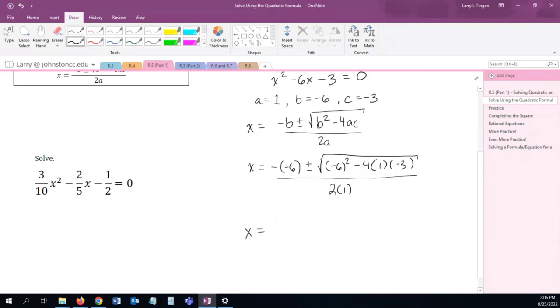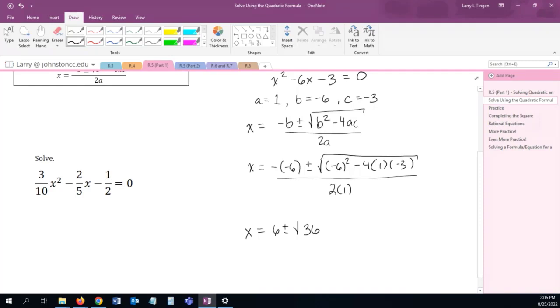All right, let's keep going. The opposite of -6 is 6, plus or minus the square root of whatever you get here. This is b squared. Whatever the number is for b, positive or negative, the square is always going to result in a positive number, right? -6 squared is 36, positive 6 squared is 36.